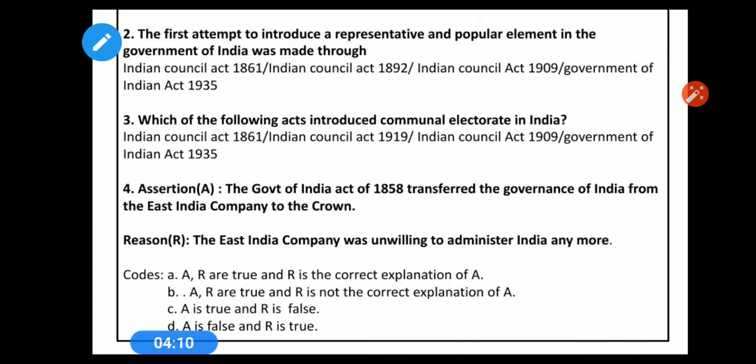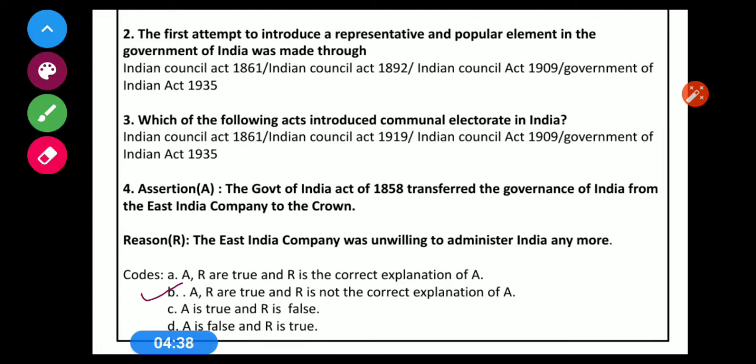No, this is not a correct statement. The Company was not unwilling. So the correct option is option B: A and R are true, but R is not the correct explanation of A.